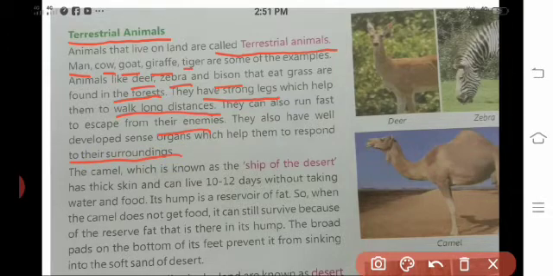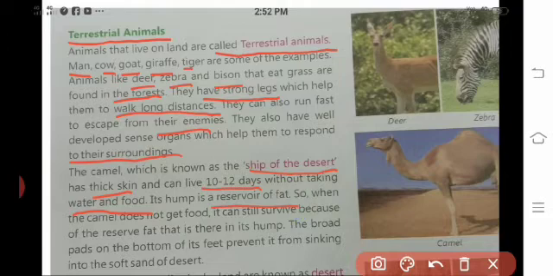Next one is the camel. The camel, which is known as the ship of the desert, has thick skin and can live 10 to 12 days without taking water and food. How many days will a camel live without taking food or water? 10 to 12 days. Its hump is a reservoir of fat.